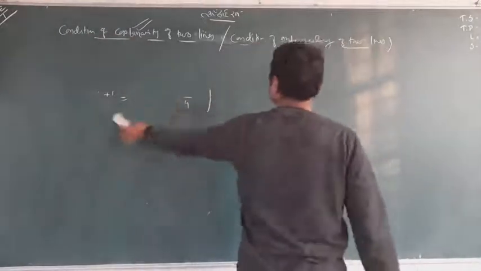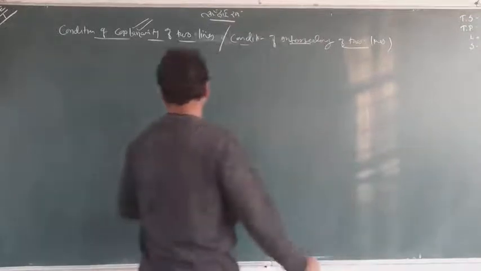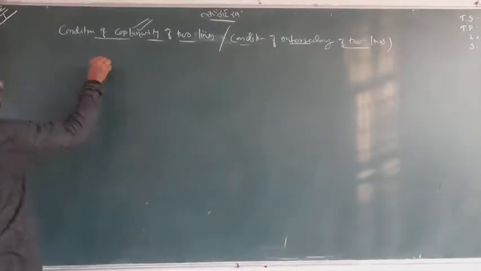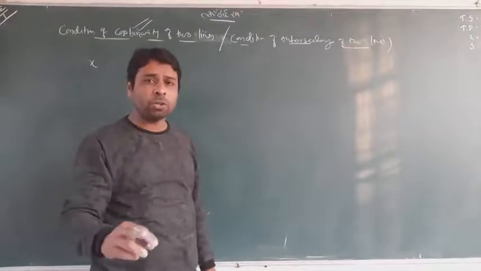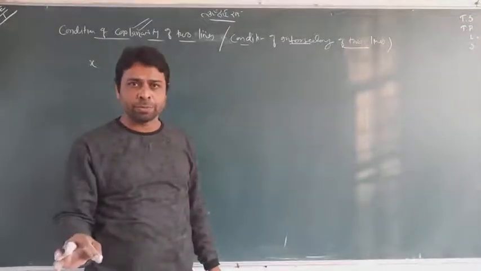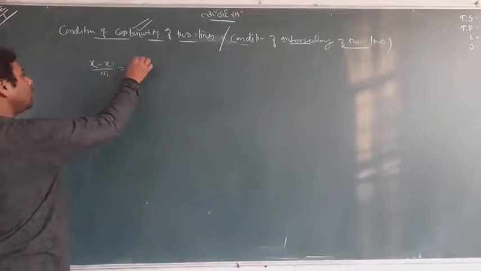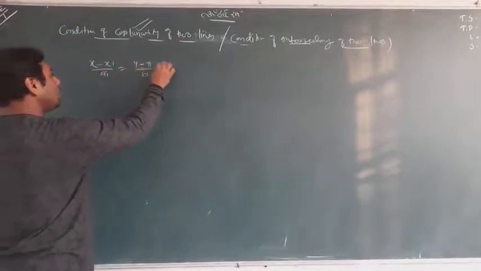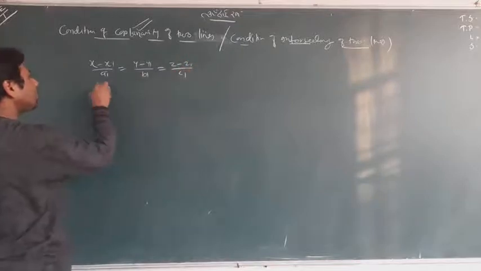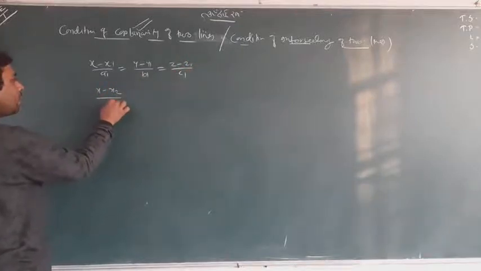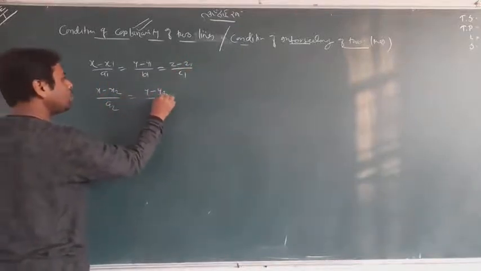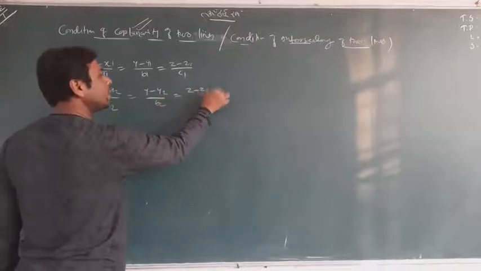Okay. Now I won't take time. I tell you how we can show that two lines are coplanar. I am telling you just by the Cartesian way. The Cartesian way is (x minus x1) upon a1, (y minus y1) upon b1, (z minus z1) upon c1, and (x minus x2) upon a2, (y minus y2) upon b2, (z minus z2) upon c2.